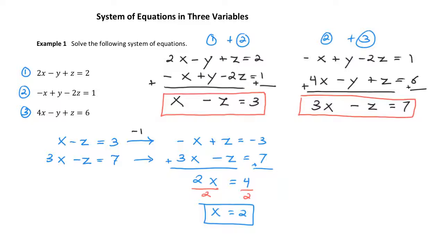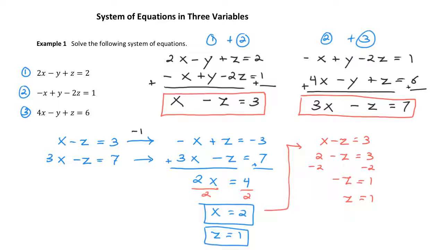Using this, I have x minus z is equal to 3. I'll put 2 in place of x. I'll subtract 2 from both sides. Divide both sides by negative 1. And now I have a value for z. z is equal to 1. Put that over here.